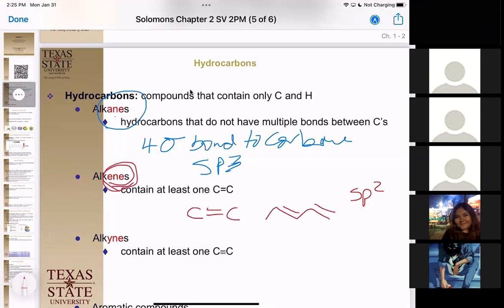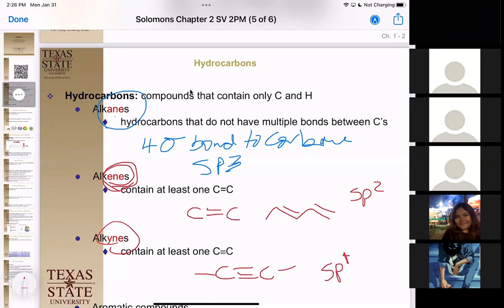So A-N-E, sigma bonds only. E-N-E, at least one carbon-carbon pi bond. And then if you have at least one carbon-carbon triple bond, it's a Y-N-E, alkyne. That means you have at least 2 carbons that are sp hybridized.